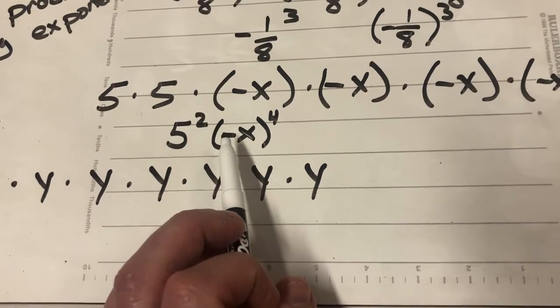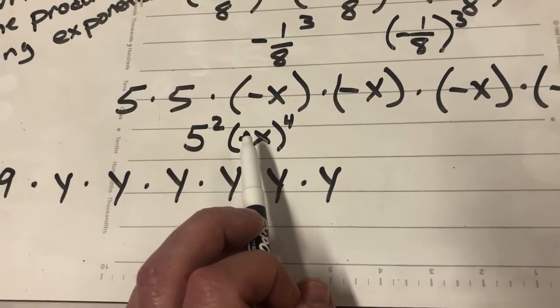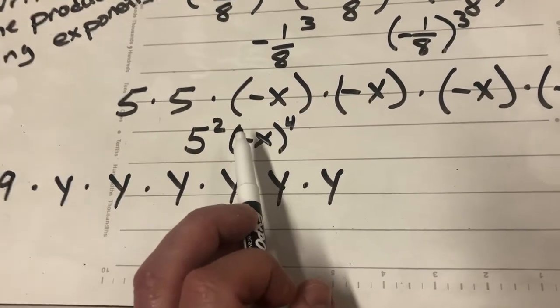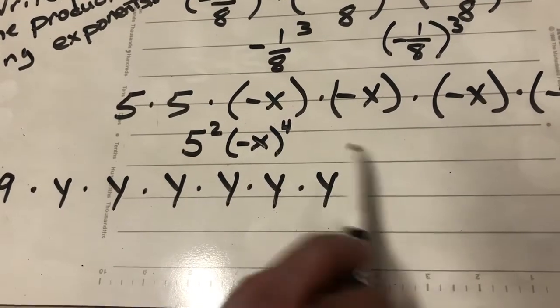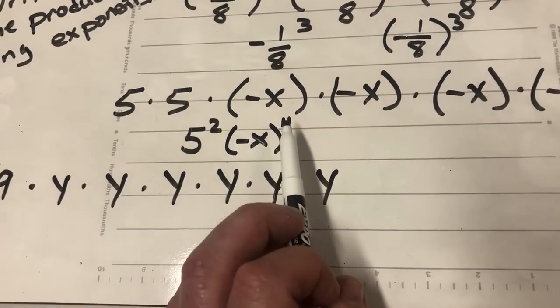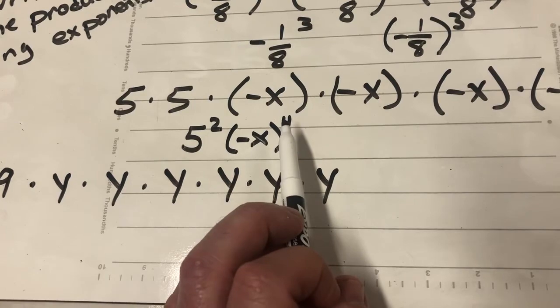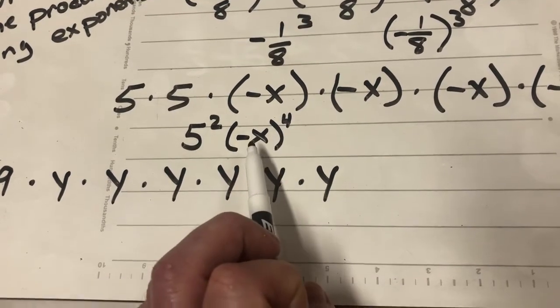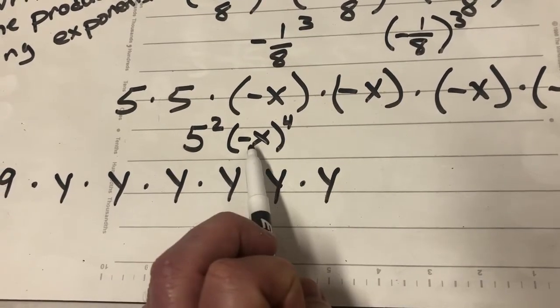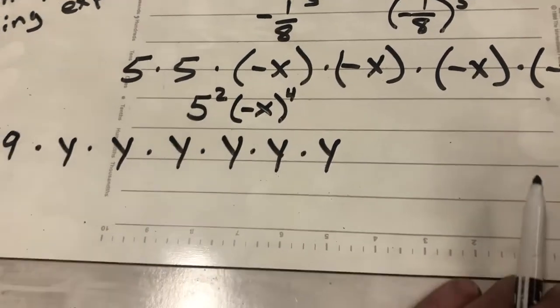We want to make sure that people understand that it's negative x times negative x times negative x times negative x. And we put the 4 outside the parentheses to also show that it's this entire number, negative x, being multiplied out 4 times.